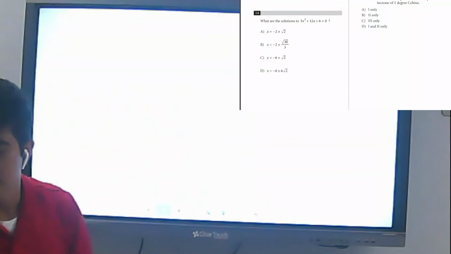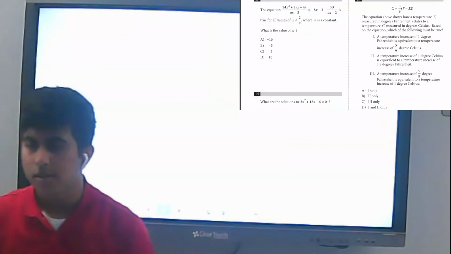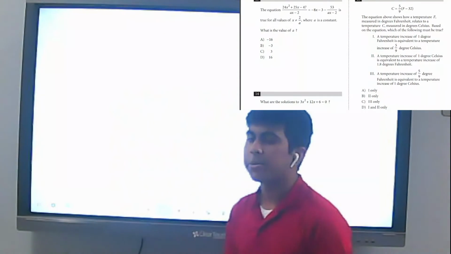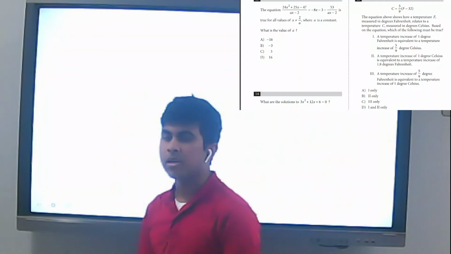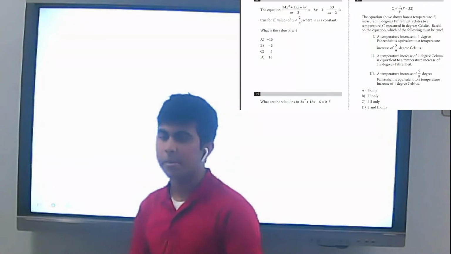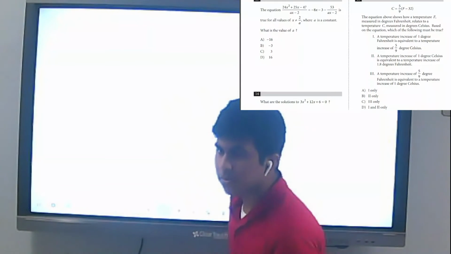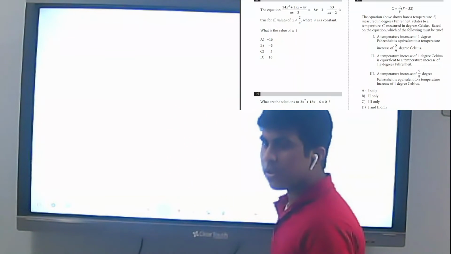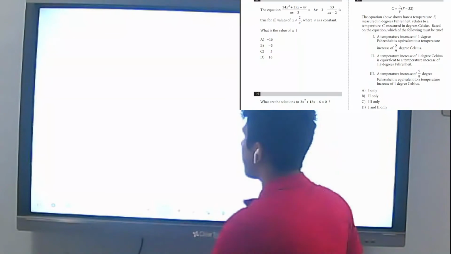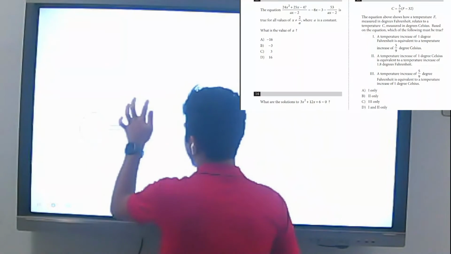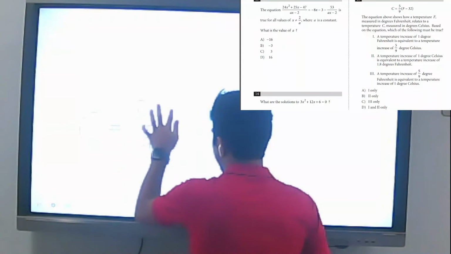Seems scary. If you know the quadratic formula, piece of cake. Very easy. Okay. The equation above shows how a temperature F measured in degrees Fahrenheit relates to temperature C measured in degrees Celsius. Based on the equation, which of the following must be true? So you have C equals 5/9 (F minus 32).